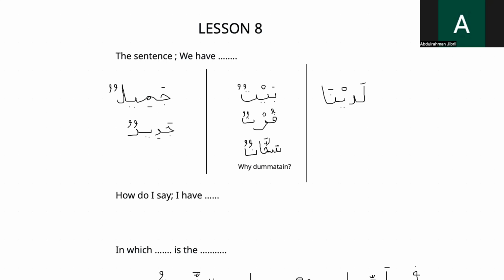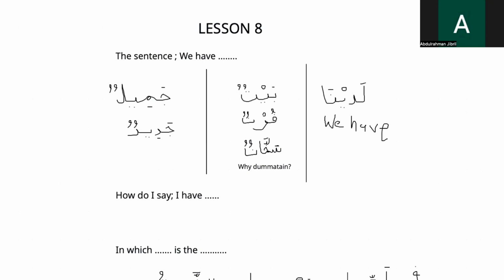Ladayna in Arabic means we have. So you want to say we have a room, or we have a house, or we have a fridge, or we have a pen, we have a book.